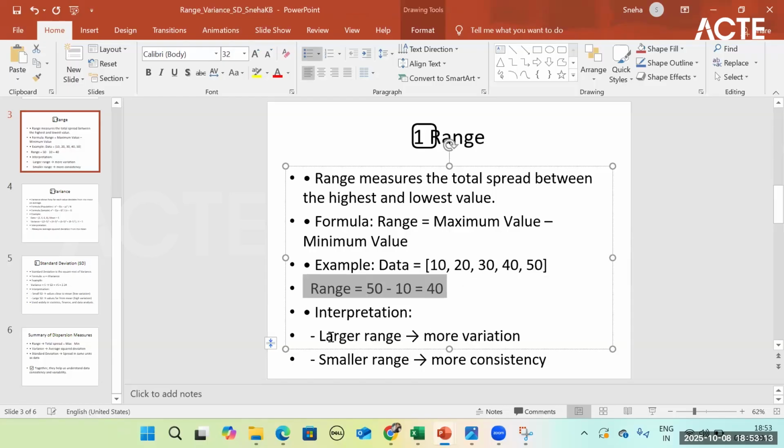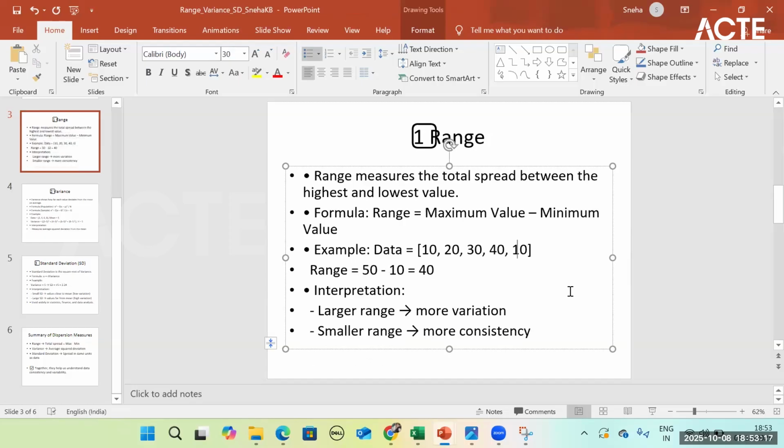If there is a large difference, for example 100 minus 10, that would be 90, right? This is a lot of difference from my values, because there is one maximum value that stretches my data set's range.